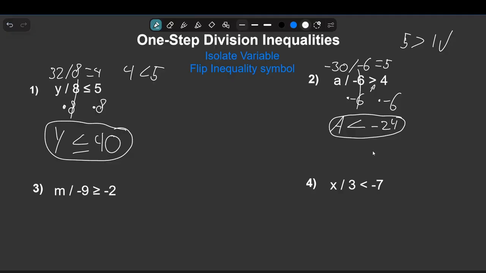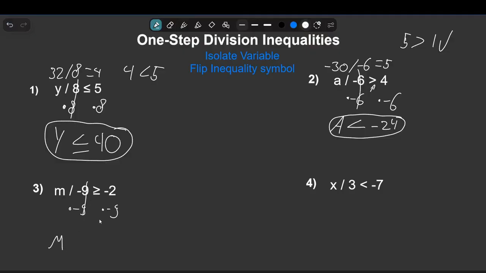Now let's go over to the third example. We have m divided by minus 9 is greater than or equal to minus 2. Again, we isolate our variable by multiplying by minus 9 on both sides. These two cancel each other out, so we are just left with our variable.